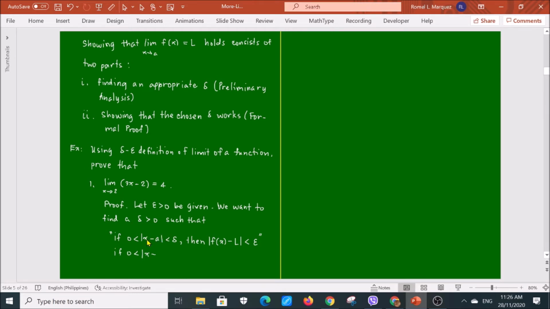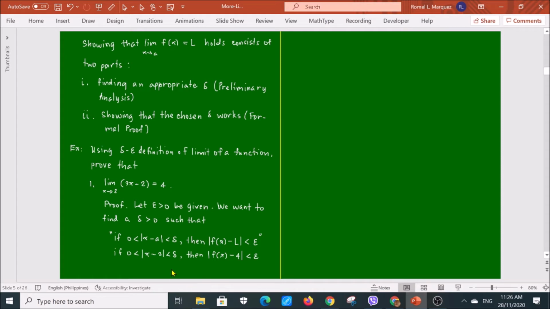X approaches a, so it means our a is 2. And that is supposedly between 0 and delta, the absolute value of x minus 2. Then, what is our L? Our L is 4. Less than epsilon. And this is what we want to prove.